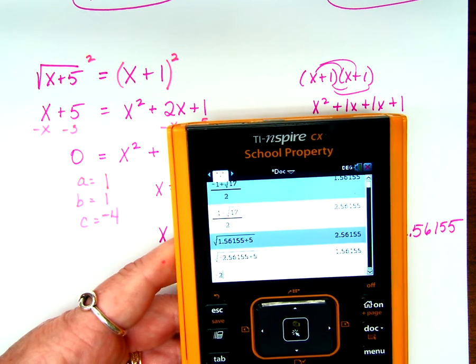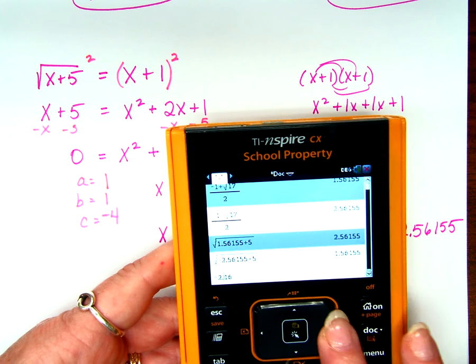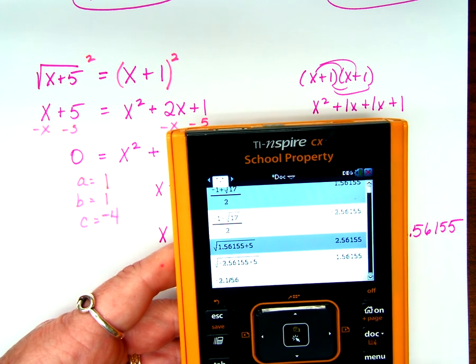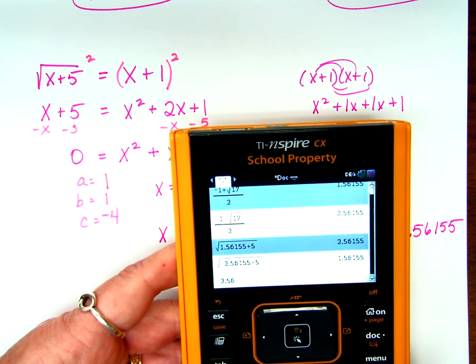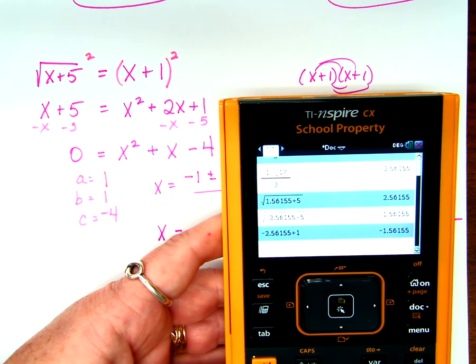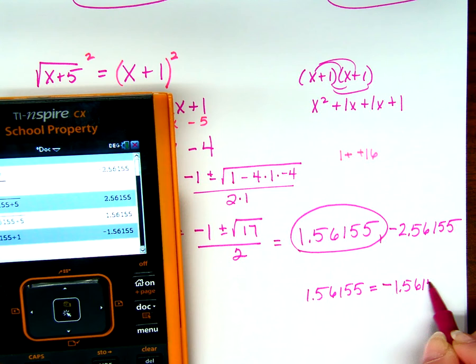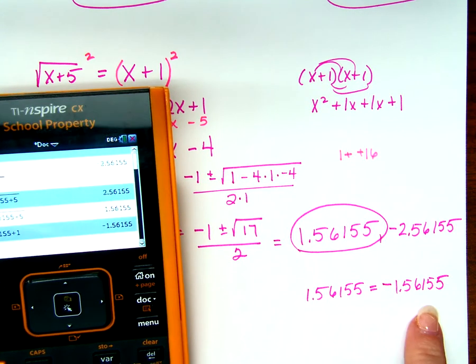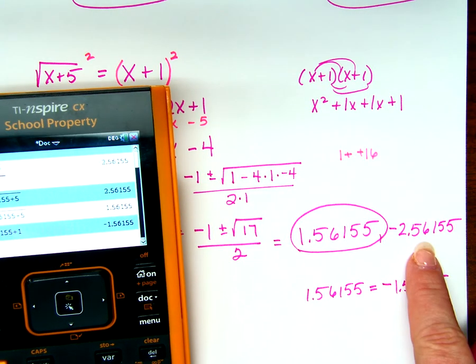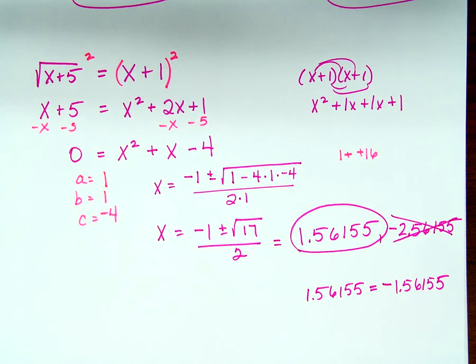So -2.56155 plus 1. Are those two equal? So is this an answer? It is not. Do you see now why it's important that we plug in our answers? Yeah. Okay. Any questions?